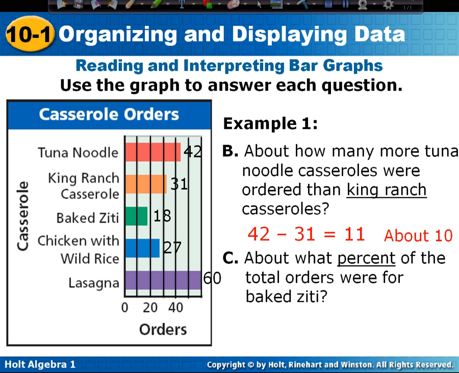C, about what percent of the total orders were for baked ziti? We had 60 baked ziti, and we had 178 total. Or actually, we're going to say the 180 where we approximated. Sorry, baked ziti only had 18. I was looking at lasagna. Baked ziti had 18 orders placed, so 18 out of 180.